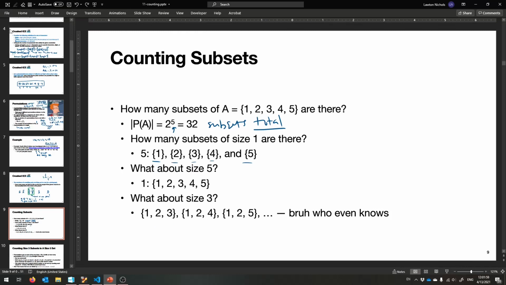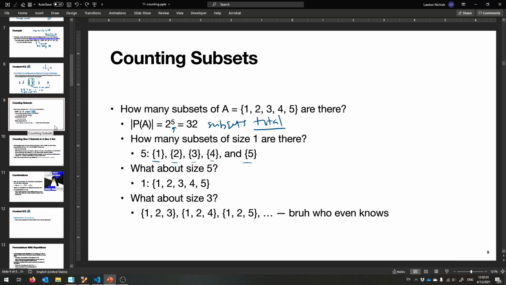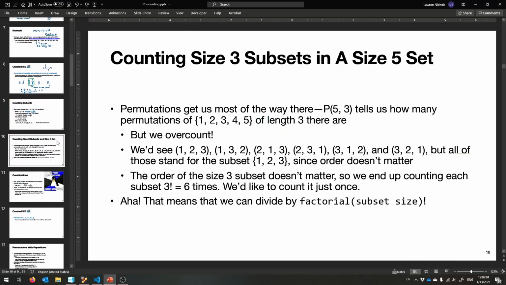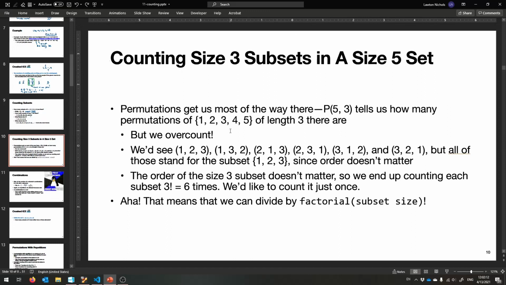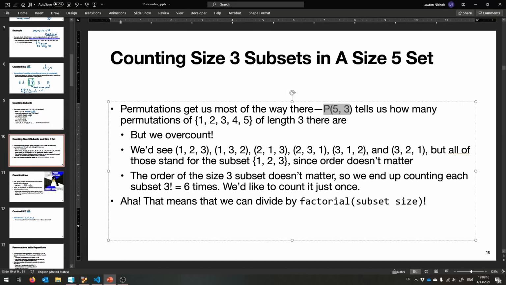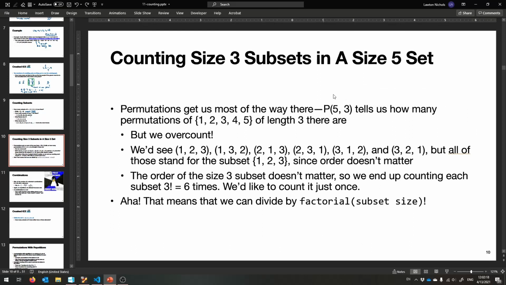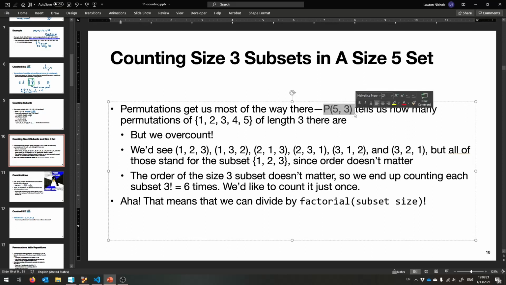All right, so let's try and discover how to count how many subsets there are of a certain size. Let's try and solve this one. How many size 3 subsets are there of that size 5 set? The trick is to notice that permutations actually help us here. P(5,3) tells you how many permutations of this set there are of length 3. So they all look like this.